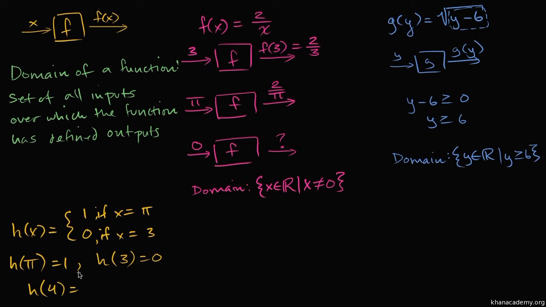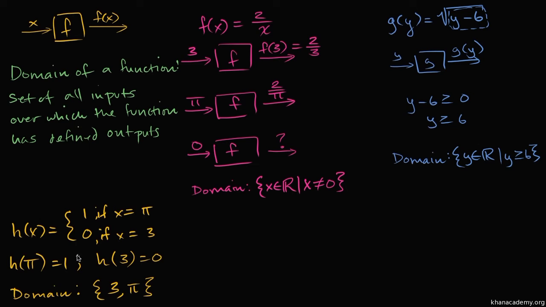What's h of negative 1 going to be? It hasn't defined it. So the domain of h is just the two valid inputs that x can be: 3 and pi. These are the only two numbers over which this function is actually defined.